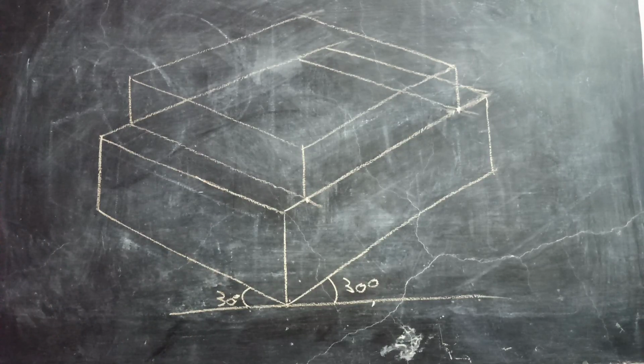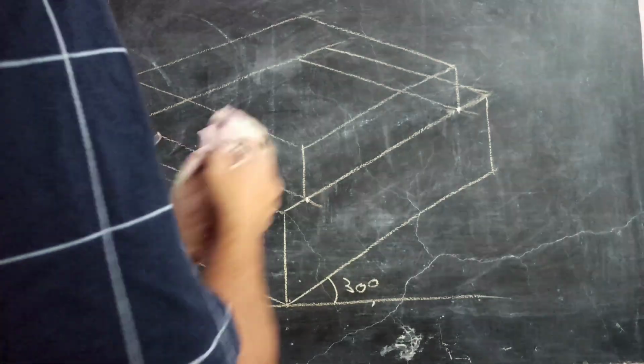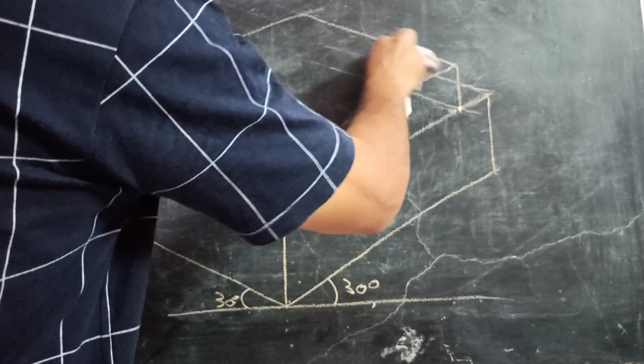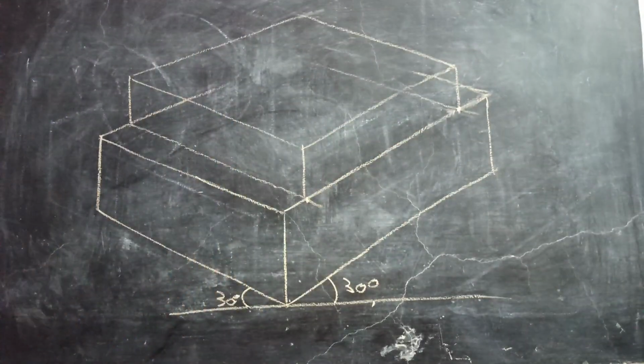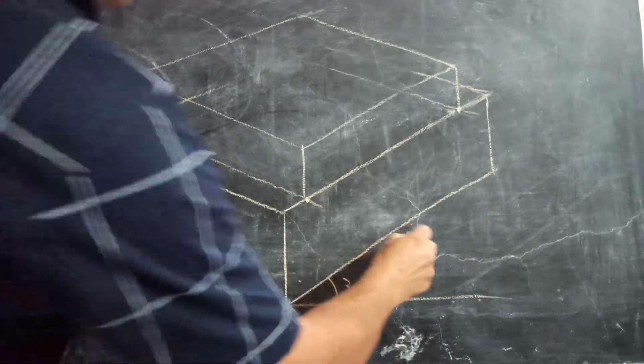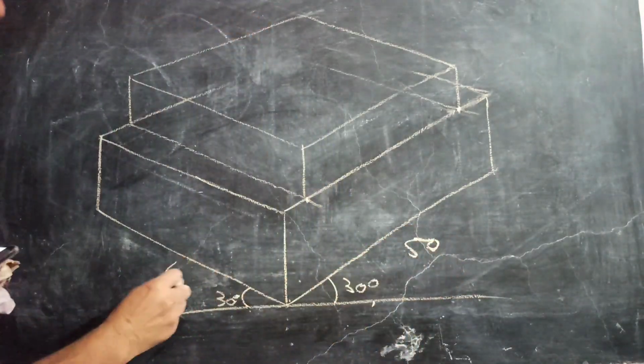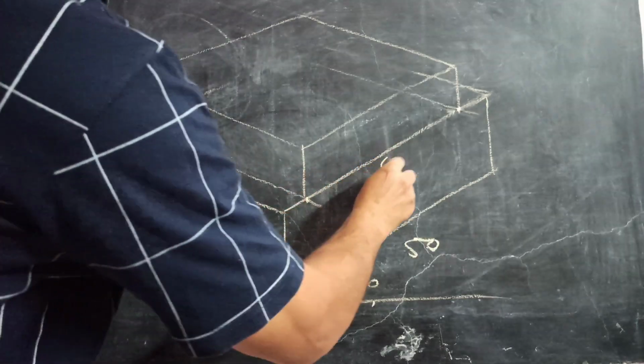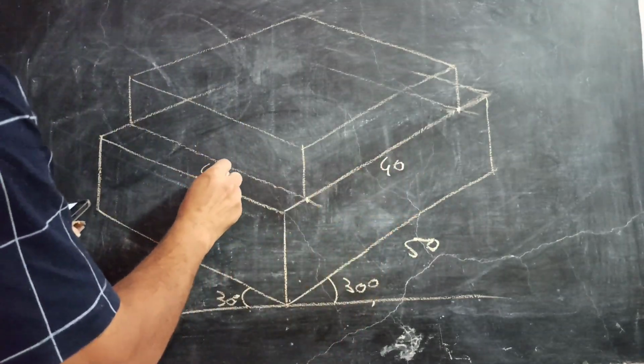So this is 8. You can rub this. So this is 40 by 40 now. This is 50. This is 40. This is also 40. This is also 40.